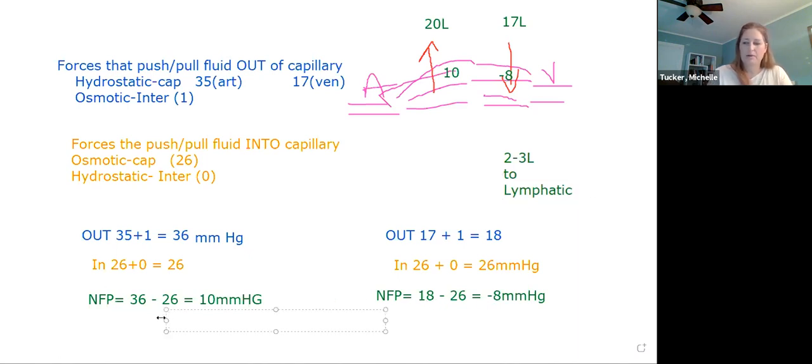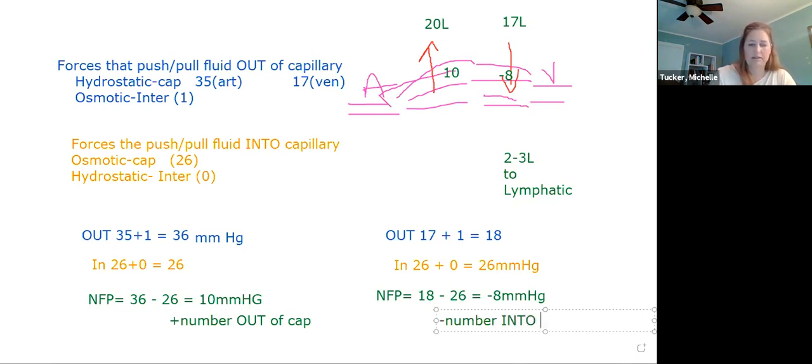If it is a positive number, it's going out of the capillary. If it is a negative number, it's going into the capillary. So if I told you that the capillary has a net filtration pressure of -7 millimeters of mercury, is it on the arterial side or is it on the venule side?